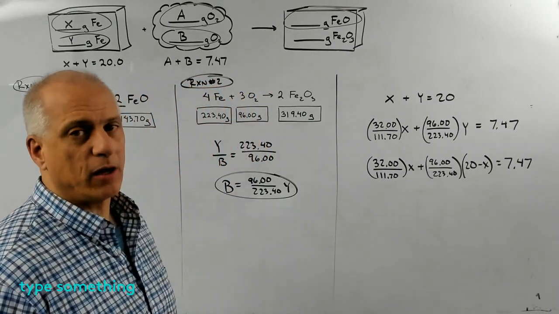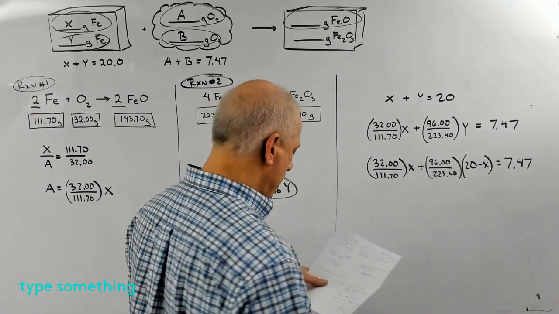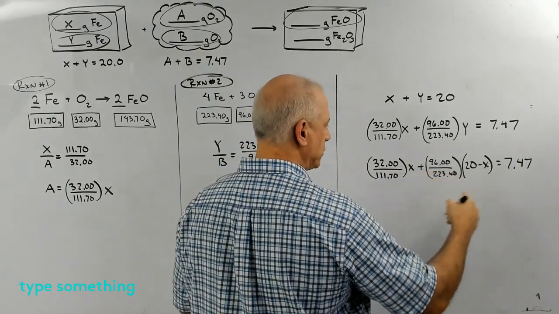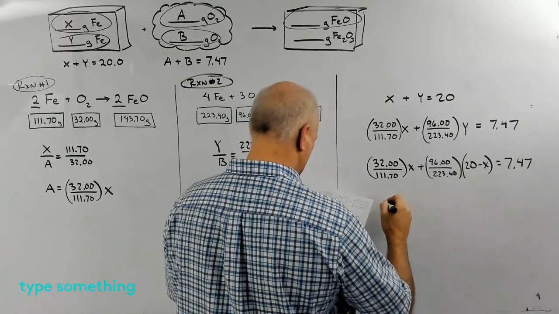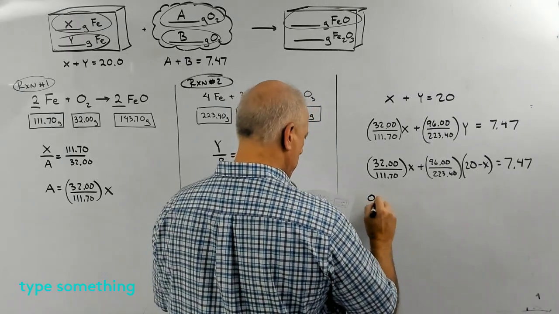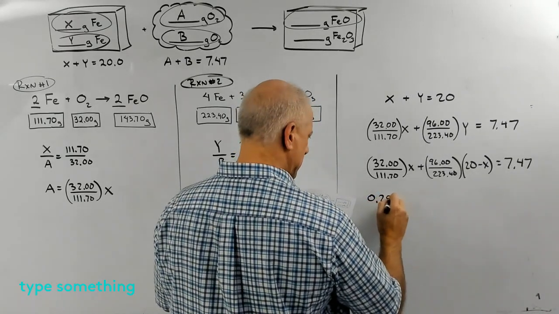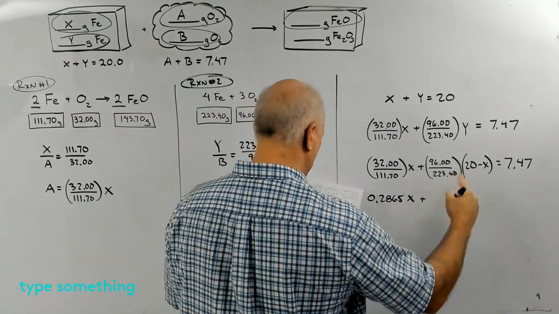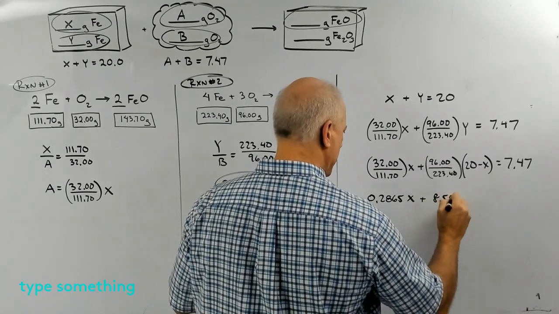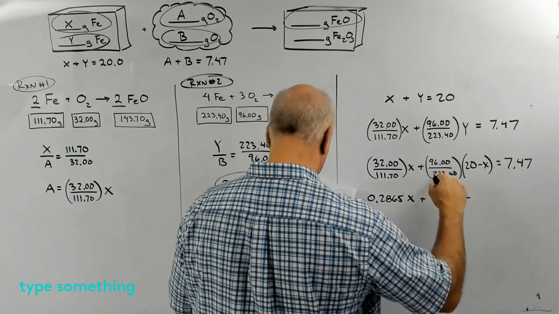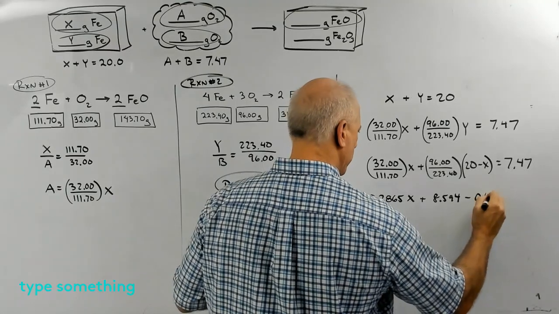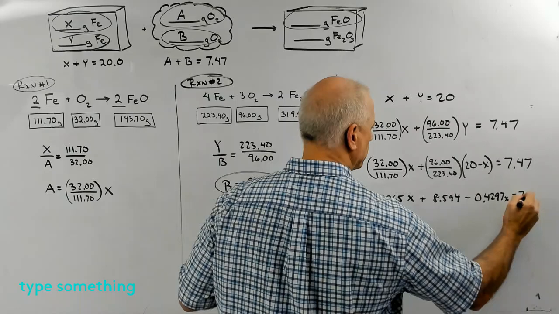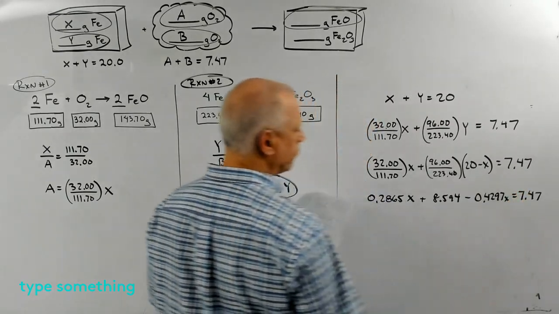And now this becomes algebra, and we go ahead, multiply, divide, distribute, and I get 0.2865x plus 8.594 minus 0.4297x is equal to 7.47.